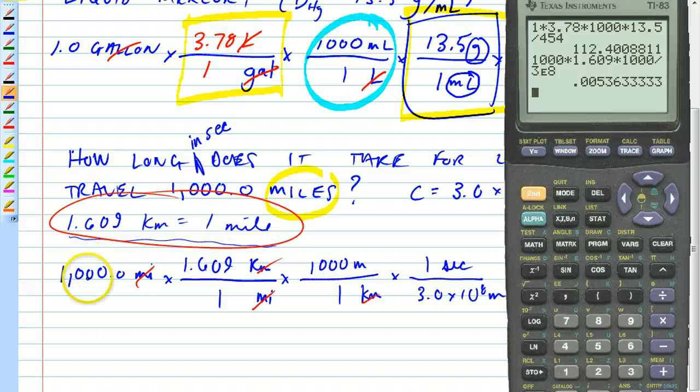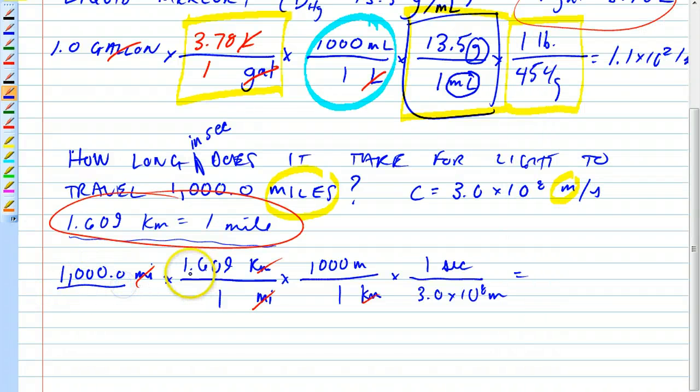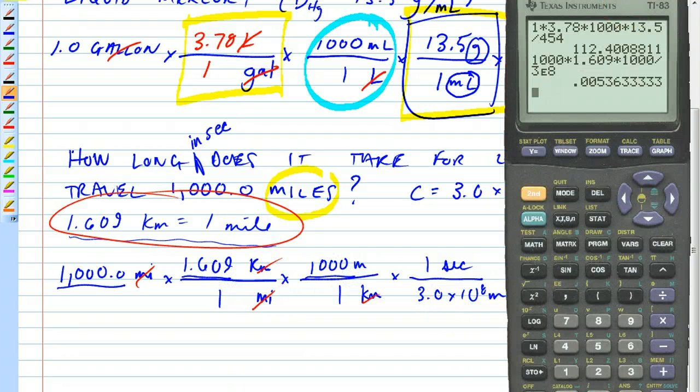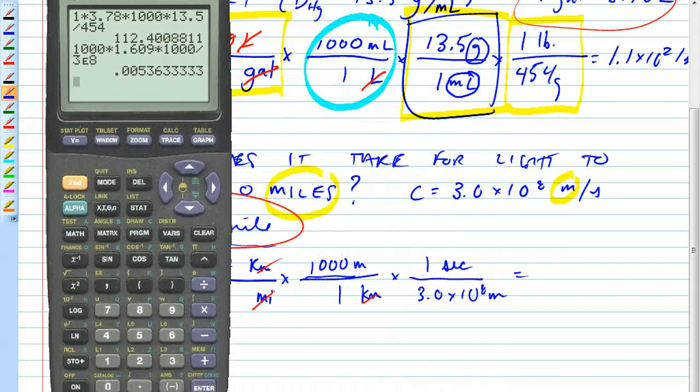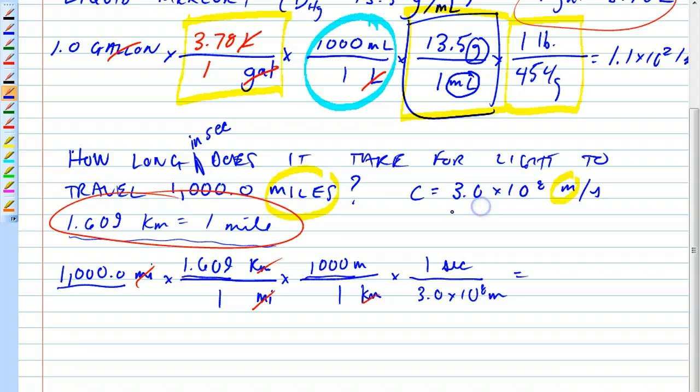Because I've got 1,000 right here, times 1.609 times 1,000, and then divided by 3. So it's 0.0054. I've got 2 sig figs because of my speed of light. 0.0054 seconds, which is 5.4 milliseconds. To go 1,000 miles, light takes 5.4 milliseconds.